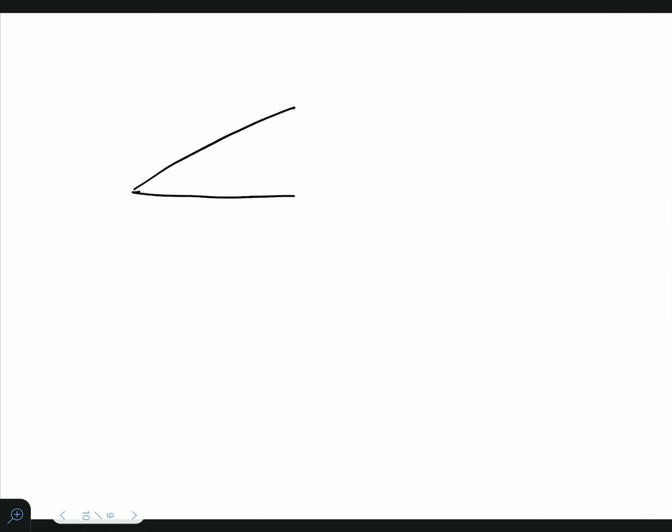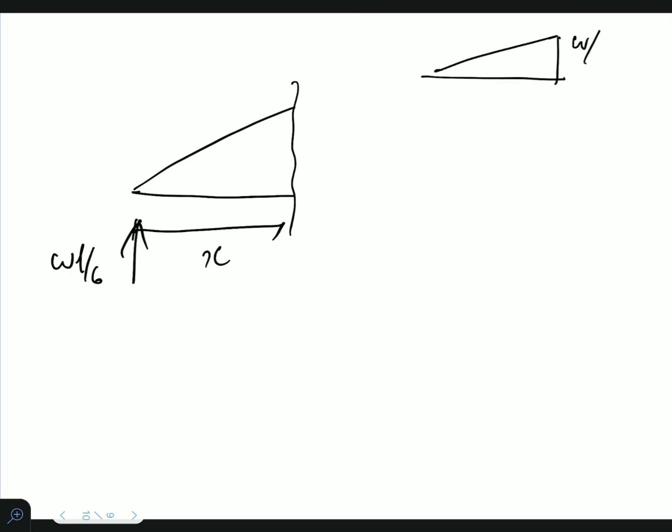We are drawing the section like this at x distance. We know that here it is WL by 6, and here the triangle is like this, W per length in L distance. So at x distance, it will have a value of Wx by L. From similar triangles, you can find it easily.